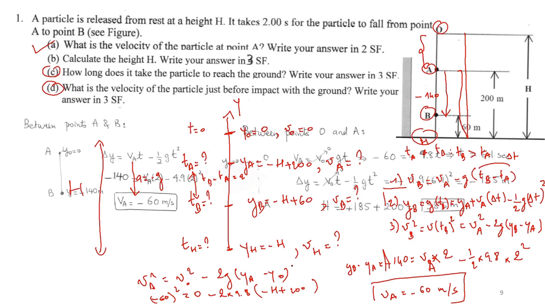You can get the time and then you get it. But here I just use the fact that I know velocity here, V naught is 0, and I know VA, which is minus 60. So I can use this formula to get the H. When you do it, you get H is equal to 385.